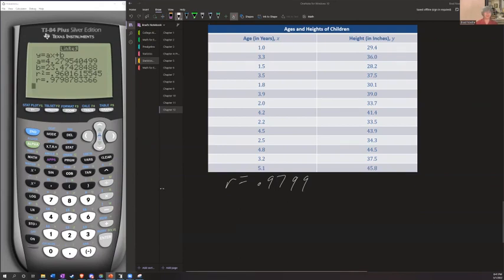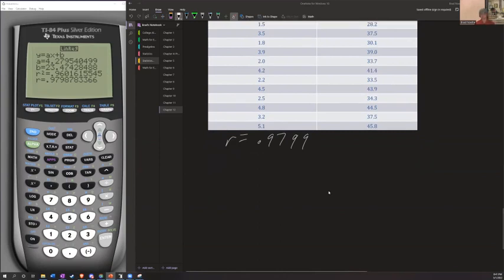Okay. Now, if you wanted to make use of Excel, all you do is you would use your first column and your second column. And then the function you're going to use is equals CORREL. And you're just going to index it through. So it's A1 colon A however many data entries.